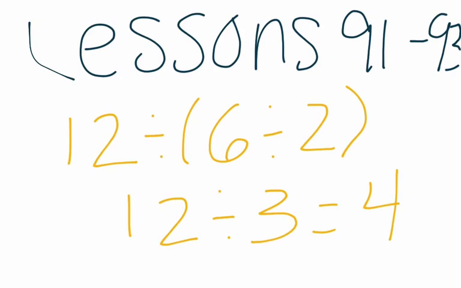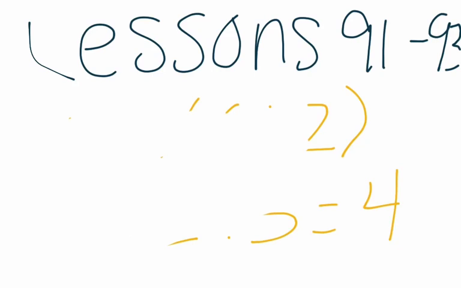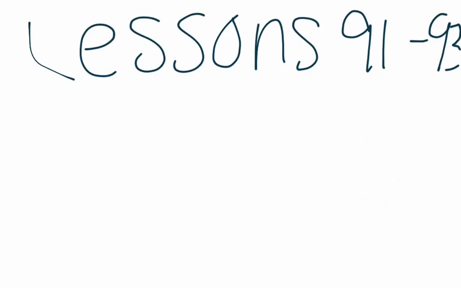Because we started off with our parentheses, 6 divided by 2 is 3, then we brought down the 12, 12 divided by 3 equals 4. Now let's move on to compatible numbers. I know I'm going fast, but if you need clarification on any of these, please go onto my YouTube channel.